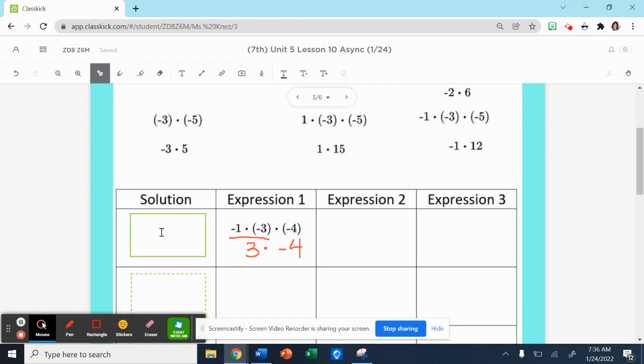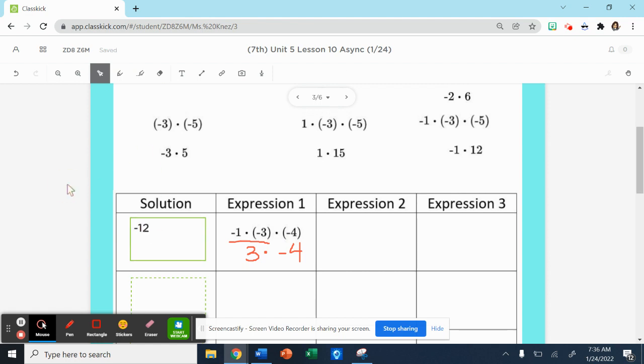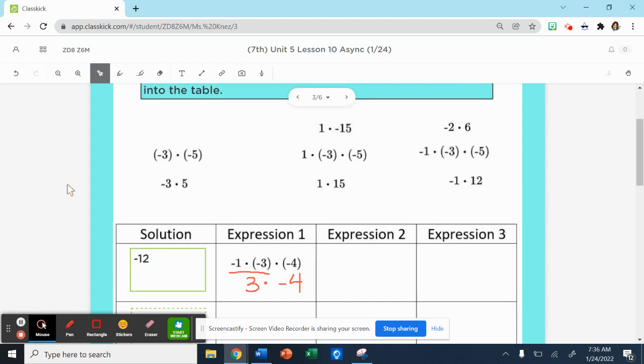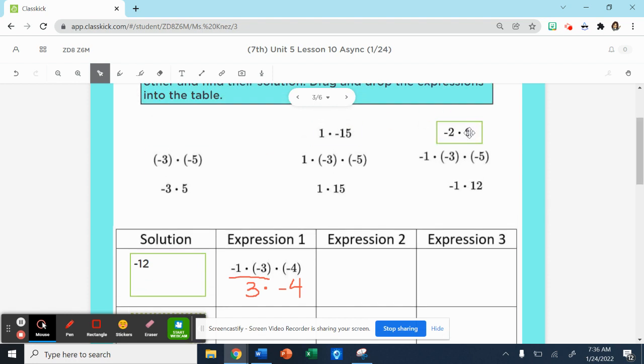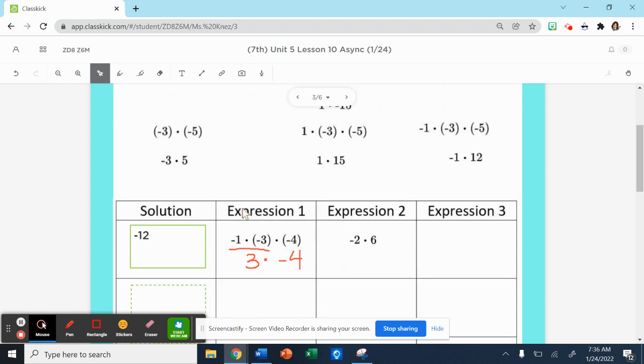And so my solution is negative 12. Now I'm looking for other expressions that also have a solution of negative 12. Here's one example. I know that 2 times 6 is 12, and since I have one negative and one positive, that expression matches negative 1 times negative 3 times negative 4. I typed 12 in the solution box, and I'll be looking for my third expression.